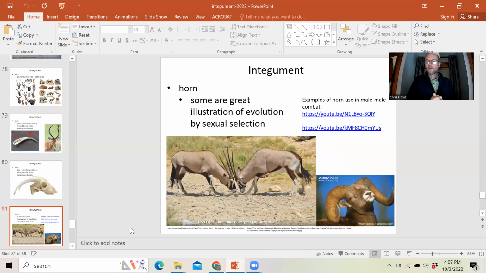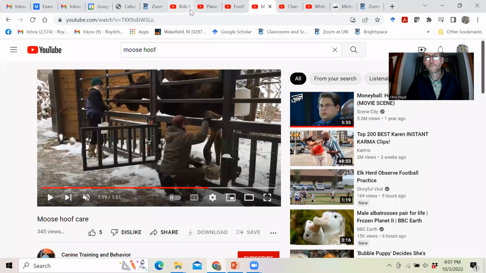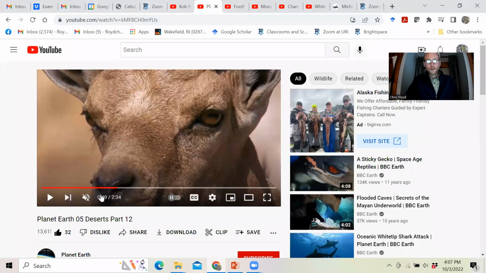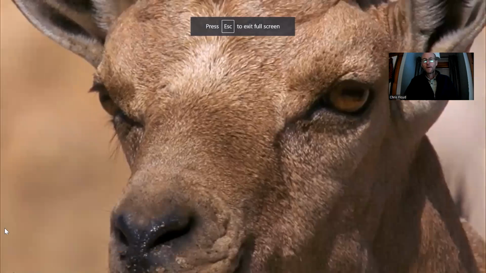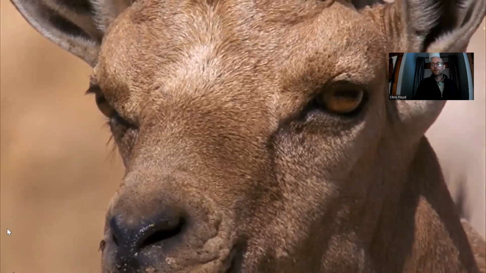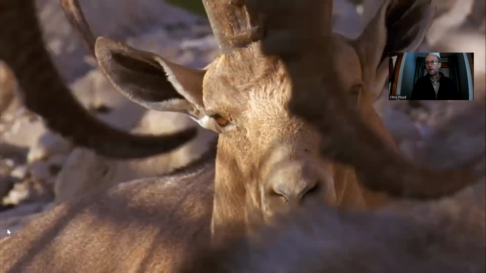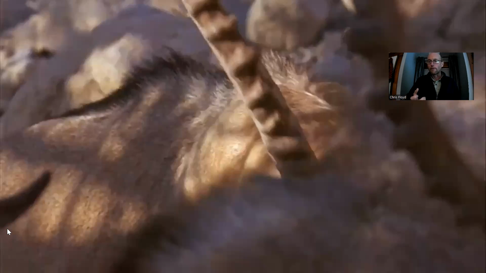So, one of the best examples I know of is here. In the environment, this also is a good illustration of the function of the hoof.